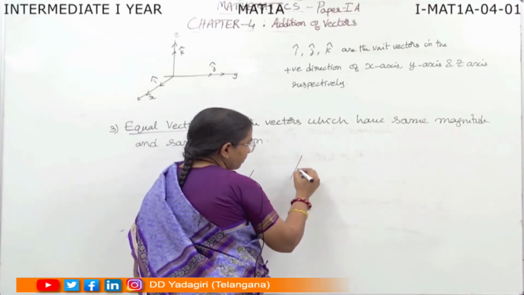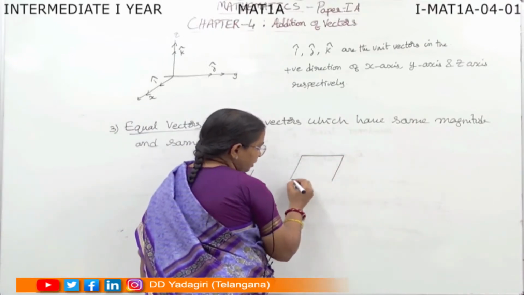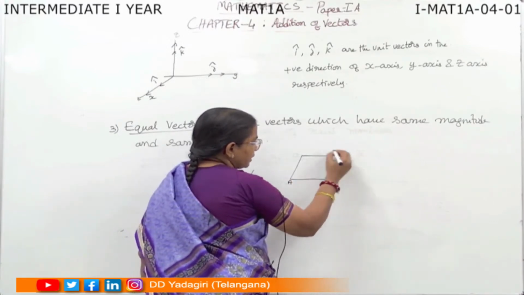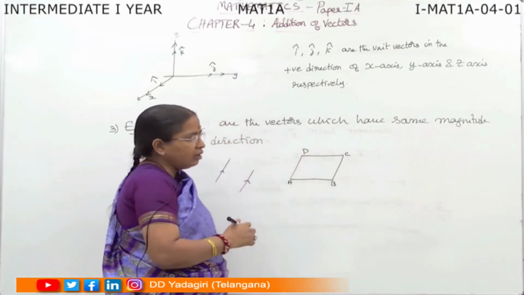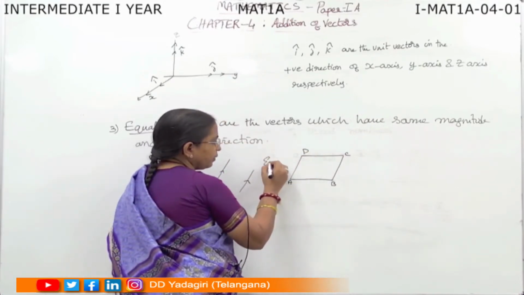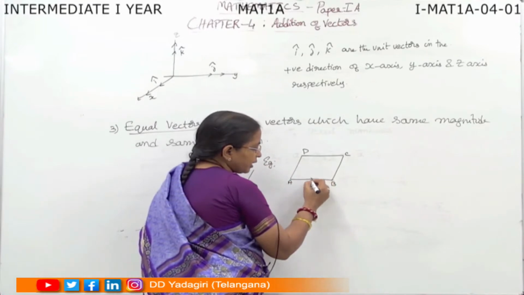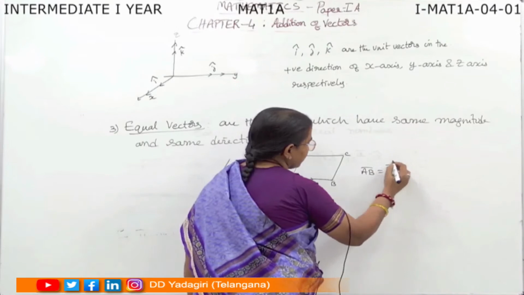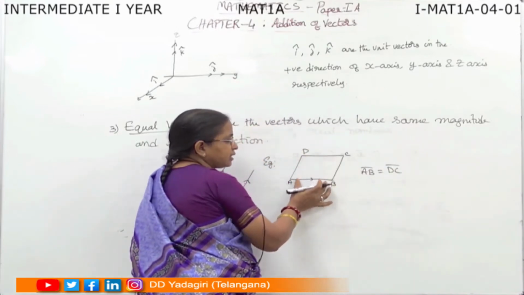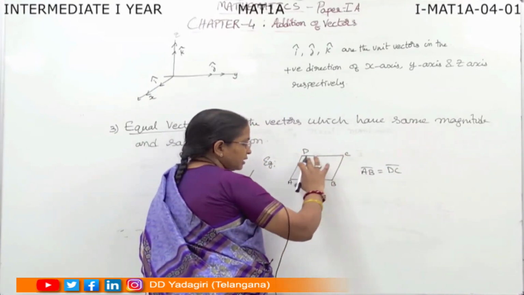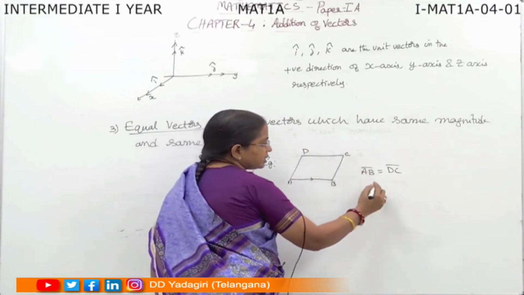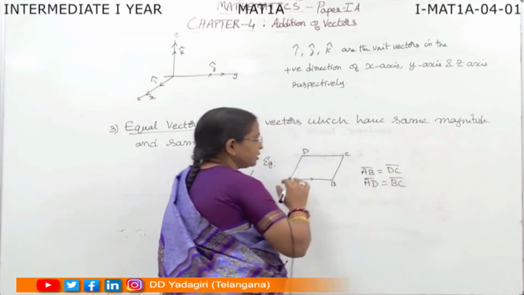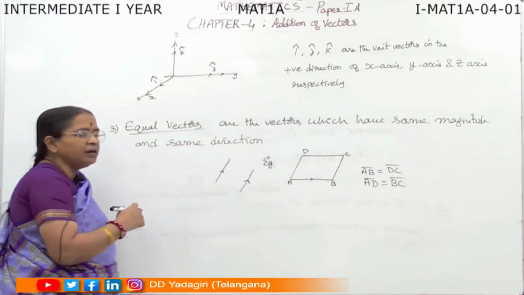Now we'll take a parallelogram. Suppose that you have a parallelogram like this. So we know that in a parallelogram ABCD, the opposite sides are equal. So AB vector is the same as DC vector because they have the same length and same direction. And in the same way, AD is the same as BC. So like this, we have equal vectors.